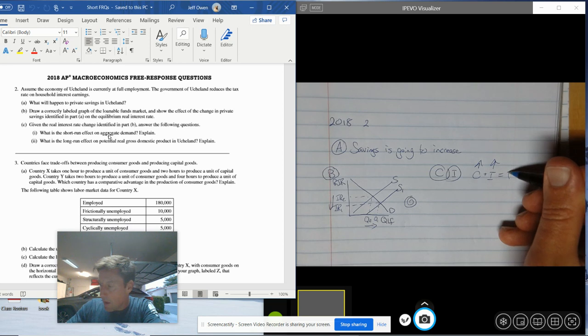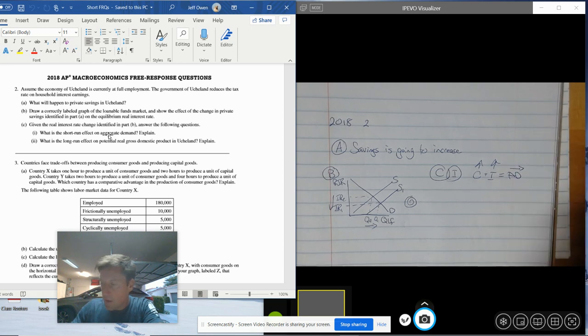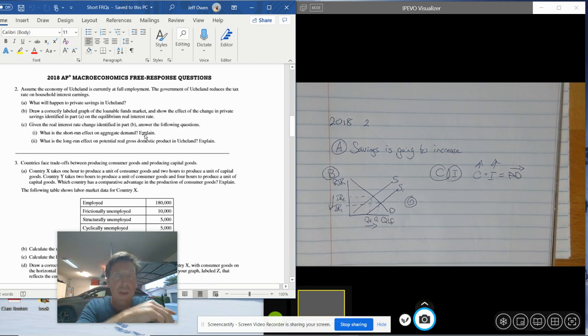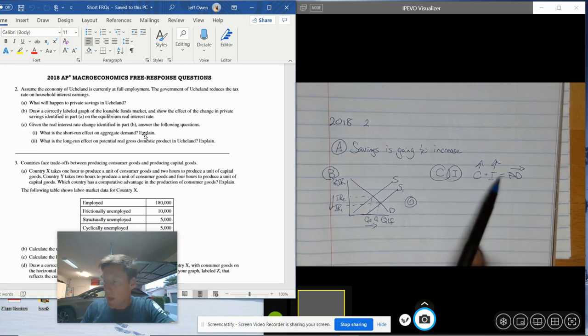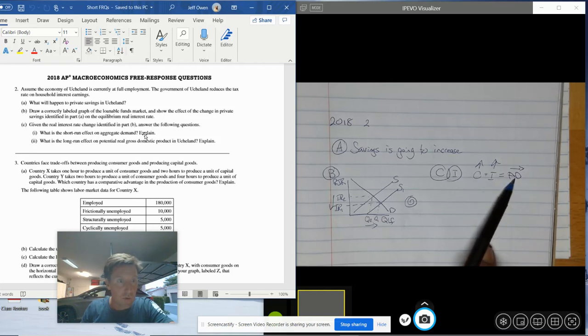So aggregate demand is going to increase and shift to the right. So the explanation: a decrease in interest rate will entice consumers and business to take out loans for large ticket items for consumers and for capital goods for business, increasing aggregate demand in the short run.